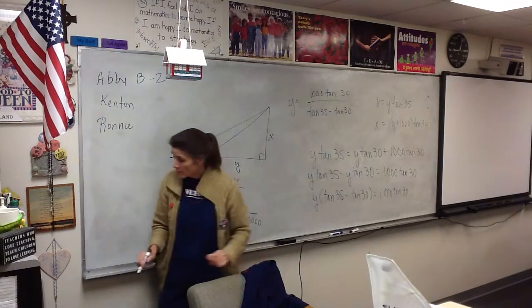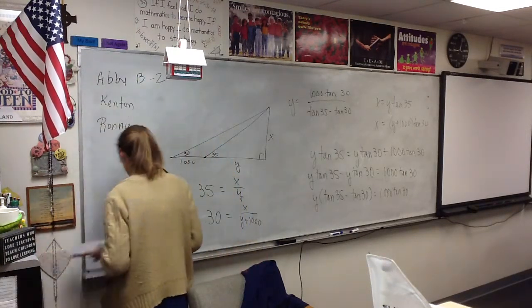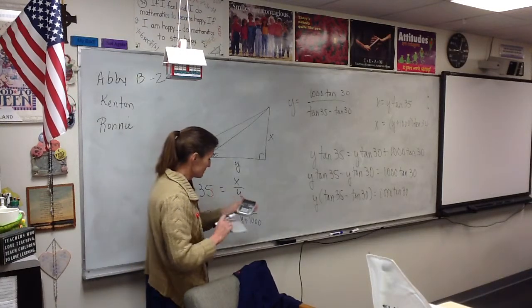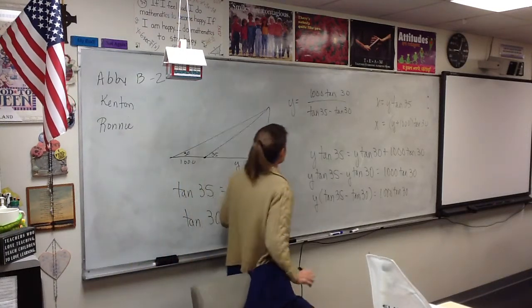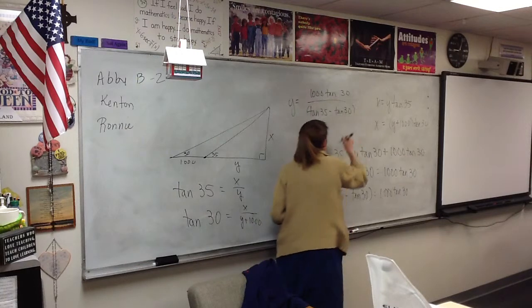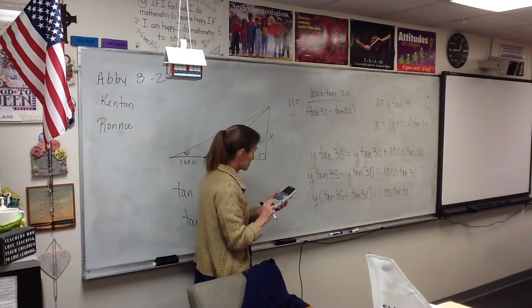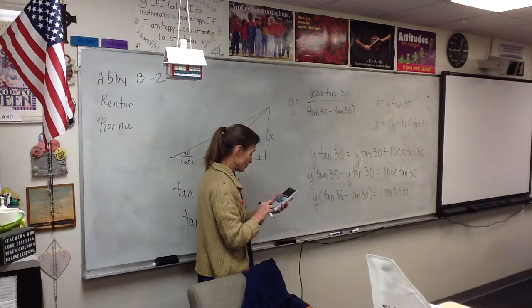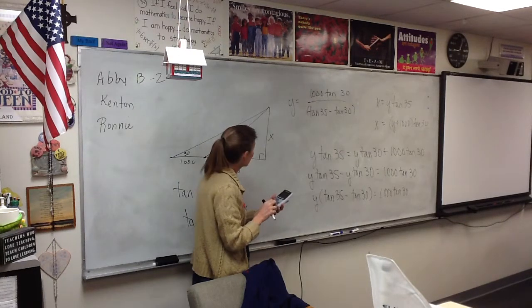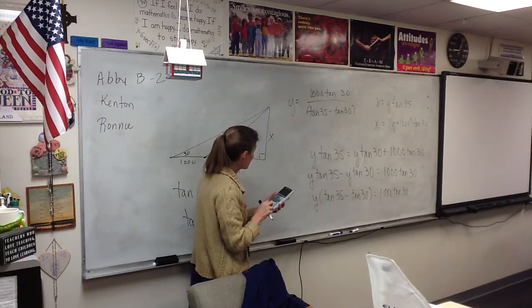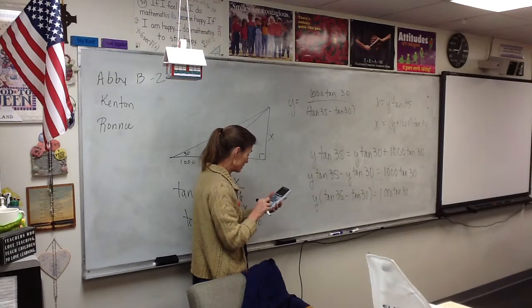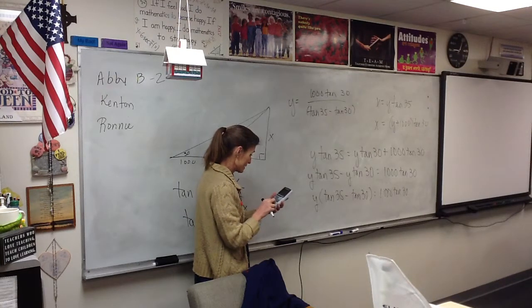So then I can go to my trusty calculator. And as always, when you've got more than one thing in the denominator, make sure you're putting it in parentheses. So 1,000 tan 30 divided by parentheses tan 35 minus.